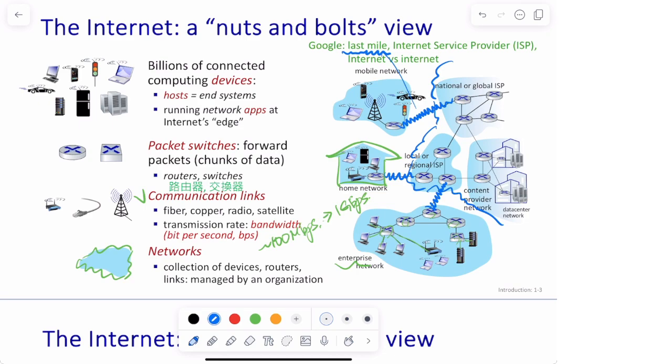Usually there is a role called Internet Service Provider, ISP. For example, AT&T, T-Mobile, or HiNet in Taiwan. There are some other ISPs. They provide such last mile service. For example, in your home, maybe you have heard of terminologies like DSL or cable.